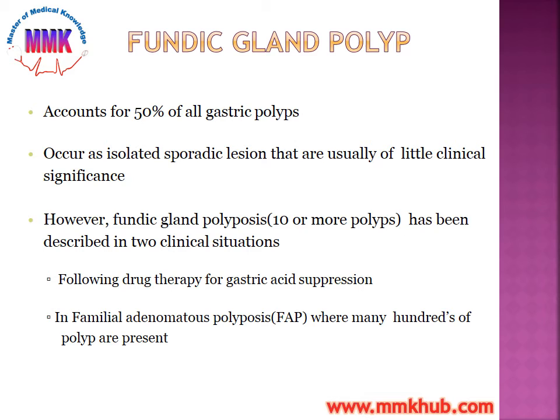Fourth type is the fundic gland polyp. It accounts for 50% of all gastric polyps, occurs as isolated sporadic lesions that are usually of little clinical significance. However, fundic gland polyposis, that is the presence of 10 or more polyps, has been described in two clinical situations.